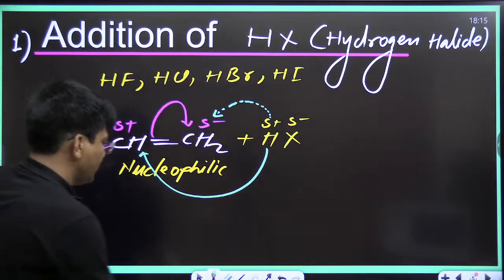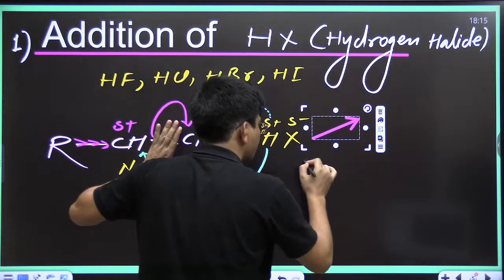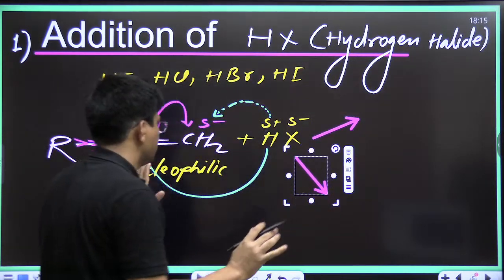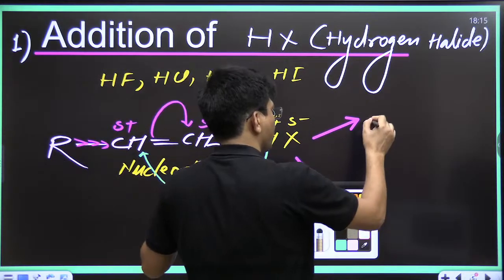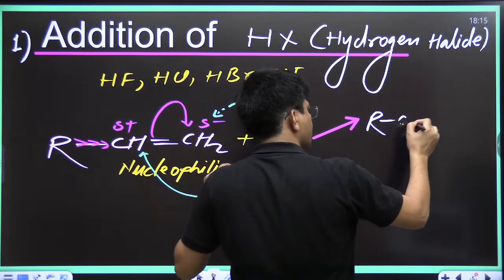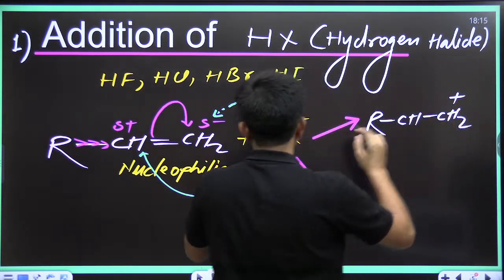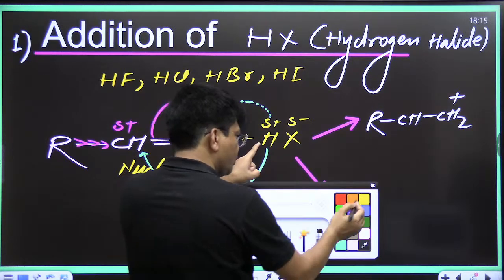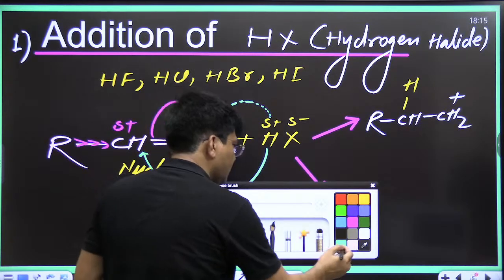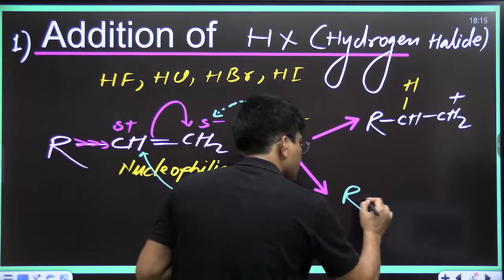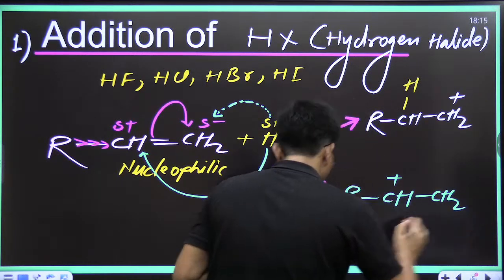Now, two possibilities arise over here. One is this possibility, another one is this possibility. I'm going to write down both possibilities. One is RCH2CH positive, if this H attacks at this position, and the second possibility is RCH positive CH2H.